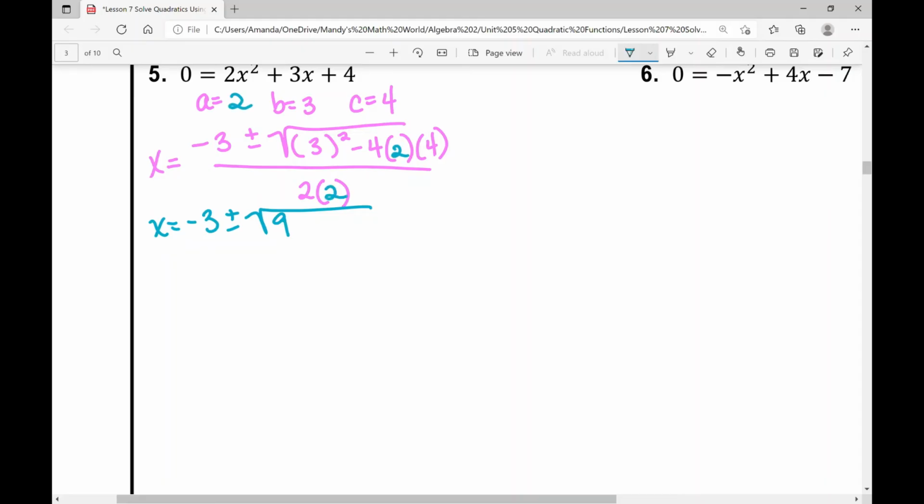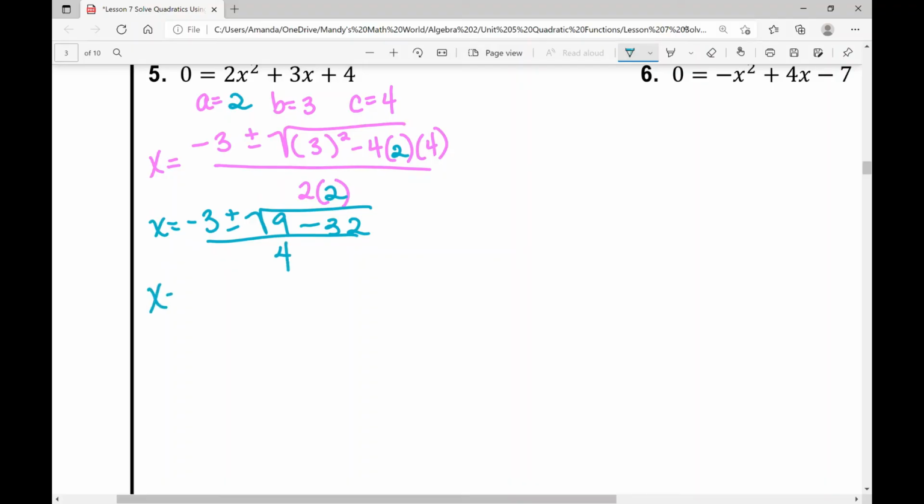So A equals 2, B equals 3, C equals 4. Okay, that's what it should be. Sorry about that. I like to make these mistakes on purpose, just to make sure you're on your toes. So negative 4 times 2 is negative 8. Negative 8 times 4 is negative 32, over 4.